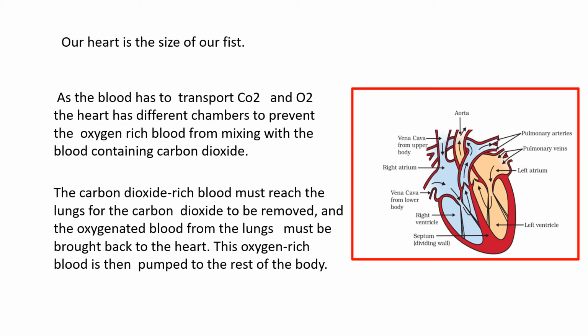The carbon dioxide rich blood must reach the lungs for carbon dioxide to be removed. The carbon dioxide is removed through the process of exhalation through lungs, and the oxygenated blood from the lungs must be brought back to the heart, and this oxygenated blood is circulated throughout the body.